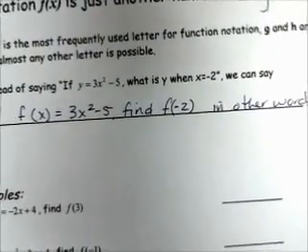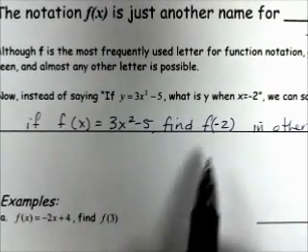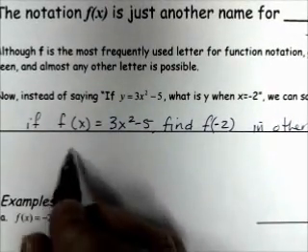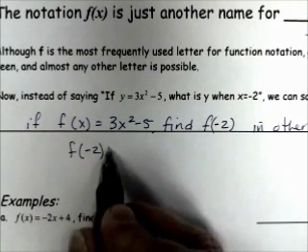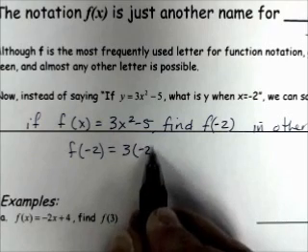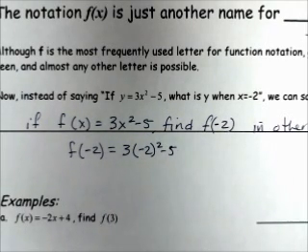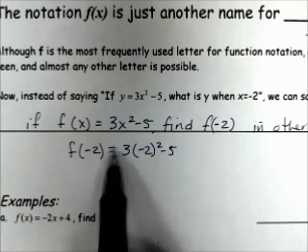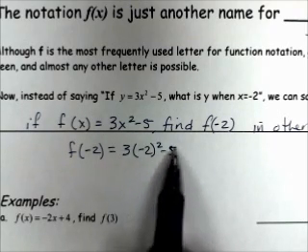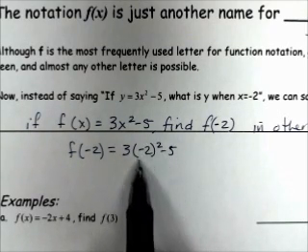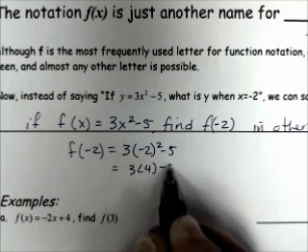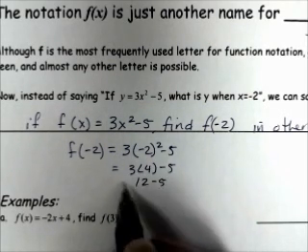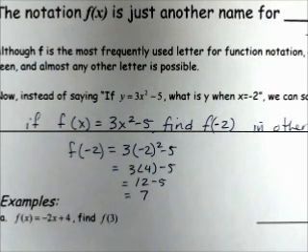So what we would do in this case, we substitute each x with negative 2. Substitute negative 2 in for x. And we're just evaluating the right-hand side. We're just simplifying this. Negative 2 squared is 4, times 3 is 12, and 12 subtract 5 is 7. So f of negative 2 would equal 7.